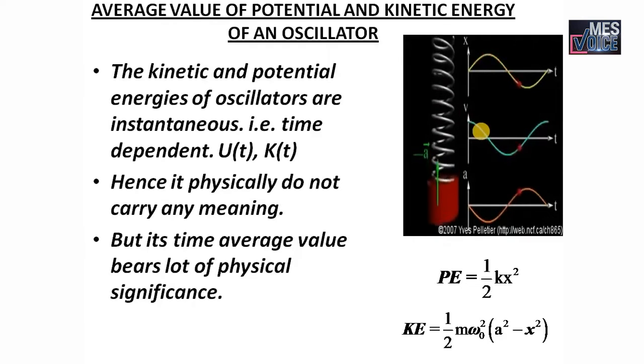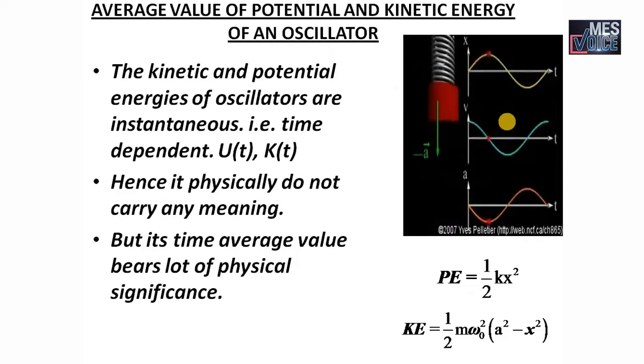This has many other physical consequences in other branches like electromagnetic waves, or alternating electric current, where similar ideas will come. So it has much further scope in the later study of physics.